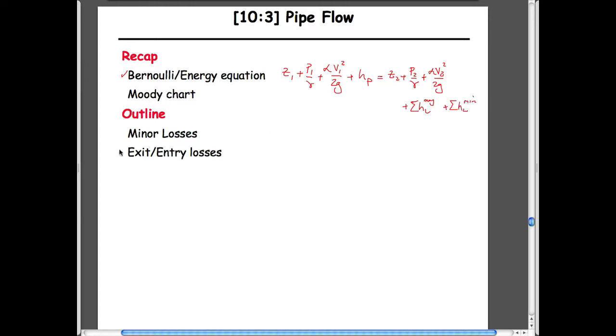And so we need to be able to figure out what these terms are, and we made a start on doing that last time. We surmised that these we could get as some non-dimensional term, and the non-dimensional term was that individually the head loss for the major losses is due to flow along the individual components of the pipe.